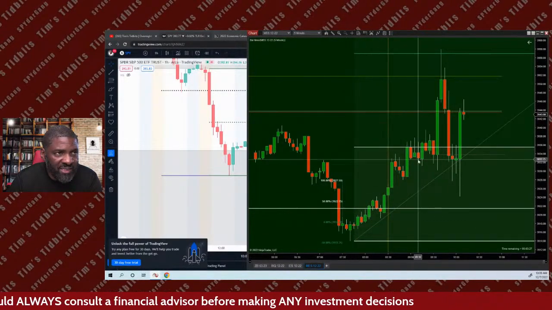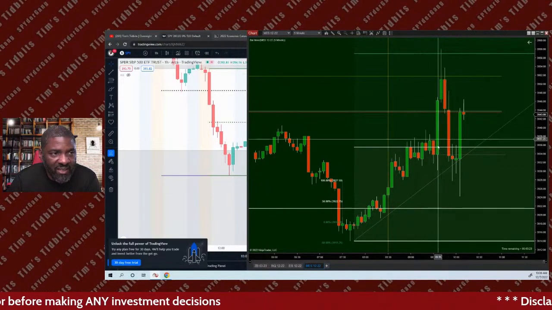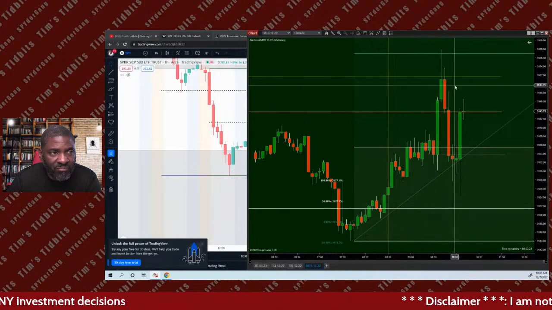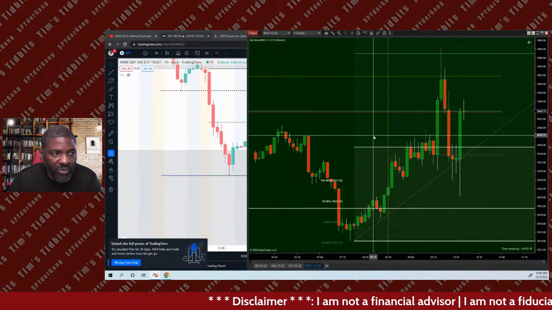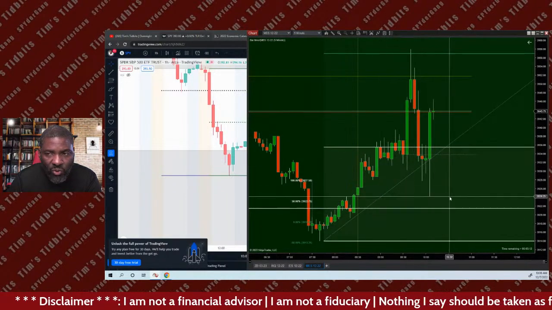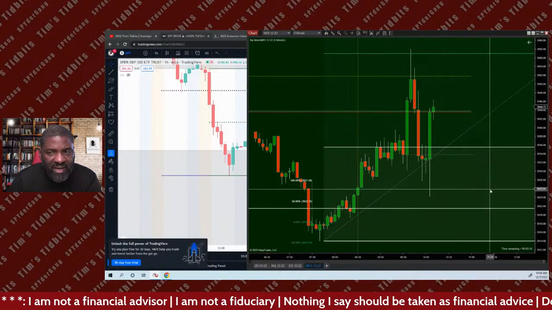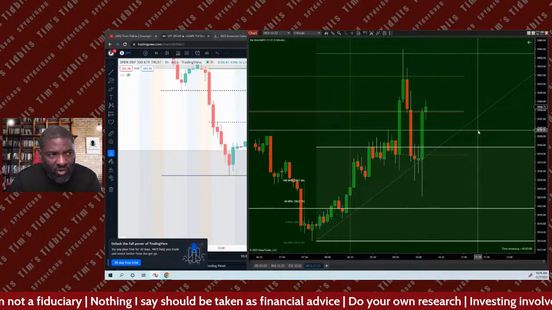Now we've taken out the sell side and went and taken out buy side. So I haven't seen anything that I was interested in buying because we just took out buy side and we're coming back down now, right? We would have to consolidate, create a new low, you know what I'm saying? And then take out the sell side before I would be interested in taking anything long right now.